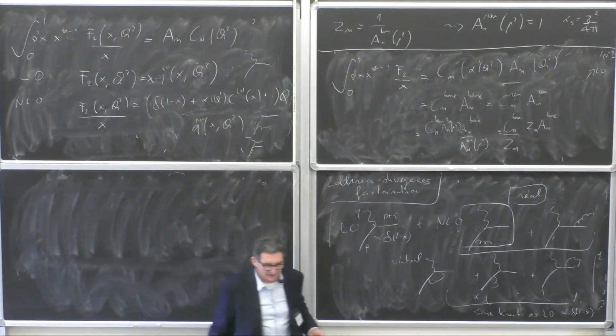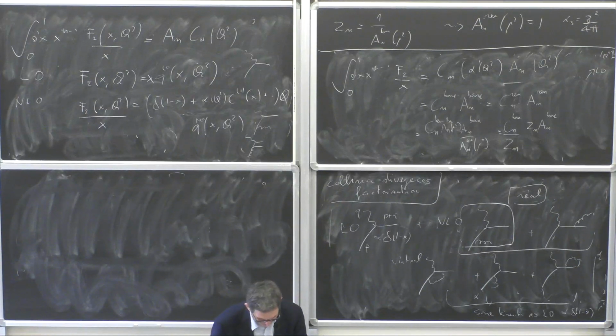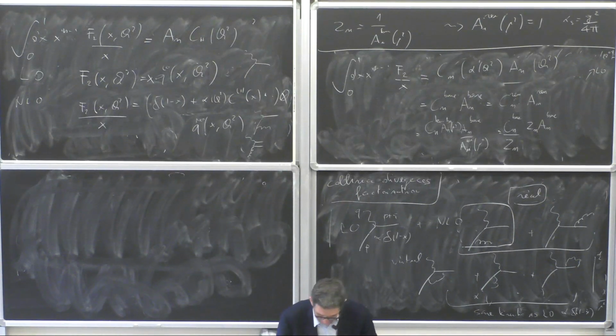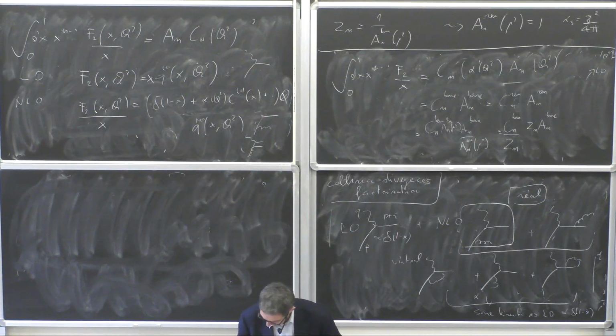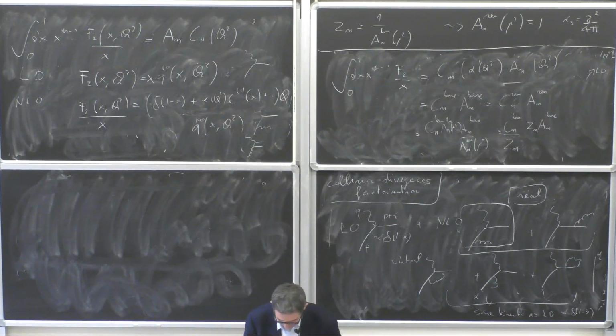So in order to understand the divergence, I want to introduce just a little technology which is not terribly important, but it helps in understanding how this kind of calculation works. And the technology is called Sudakov parametrization of momenta.